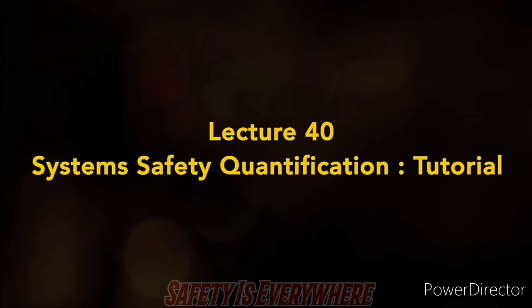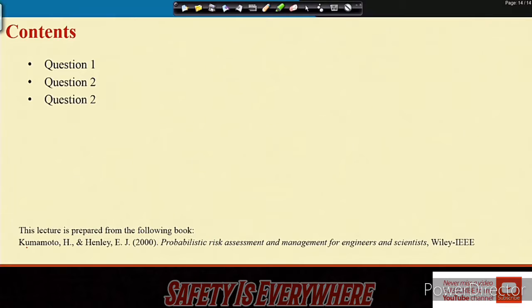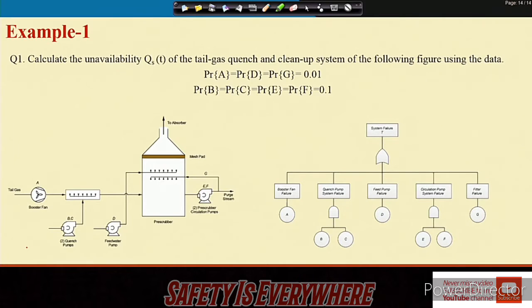This session is not only useful for better understanding system safety, but it will also help for your upcoming examination. So, I am going straight to the question. The question is, calculate the unavailability of the tail gas quench and cleanup system.